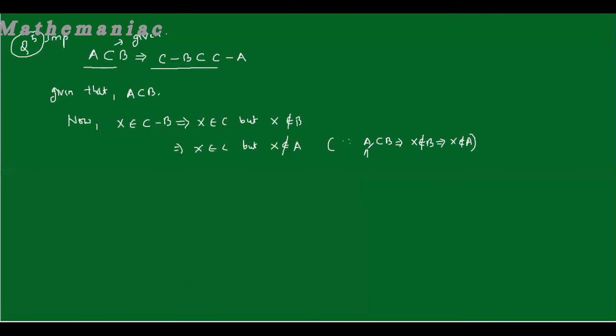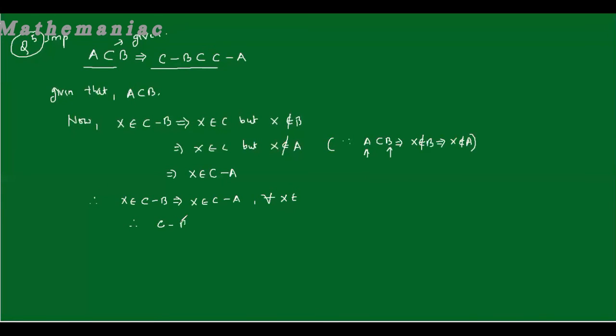Because it is the smaller set and part of B. So now once this happens, I can see that this is belonging to C minus A. So overall you observe, you started with one element X belonging to C minus B and ultimately you finish with that element belonging to C minus A. And this happens for all such X, remember it.